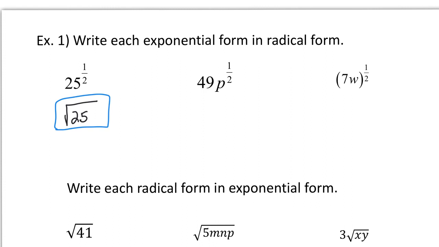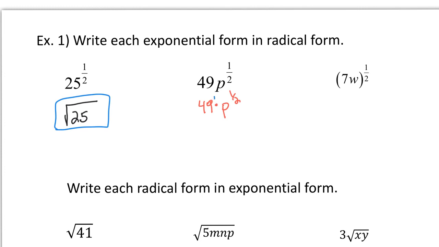Now, the next one, you have 49p to the 1/2 power. First, let's understand what these two things are doing to each other here. When you don't have anything in the middle, between the 49 and the p, you actually are multiplying. By default, you have a multiplication sign and it is invisible. So when you separate the 49 and the p, the 49 has an exponent of 1, not 1/2.